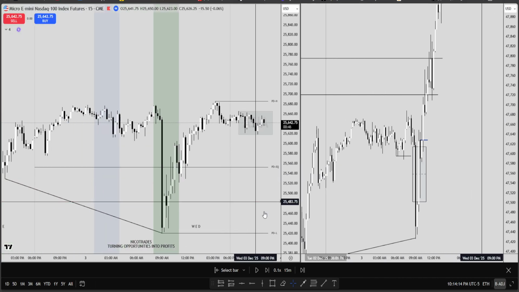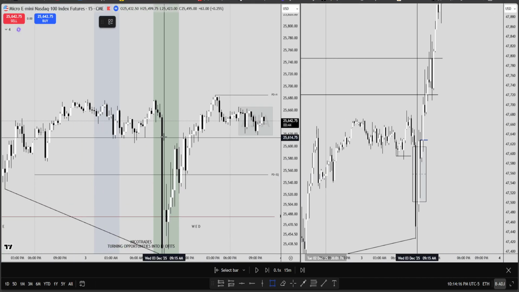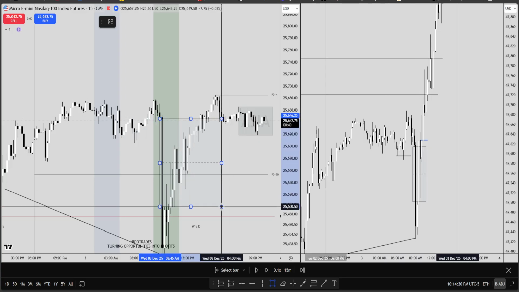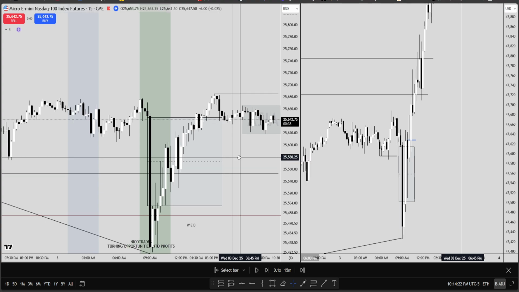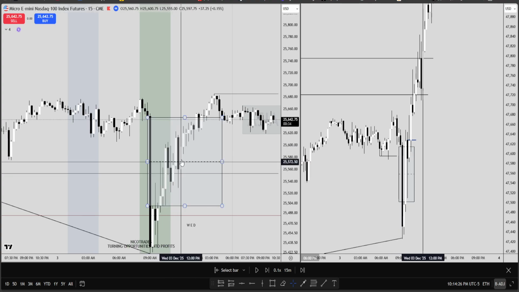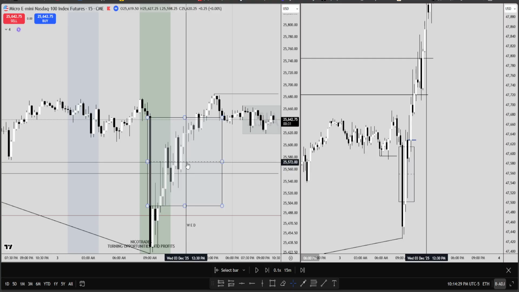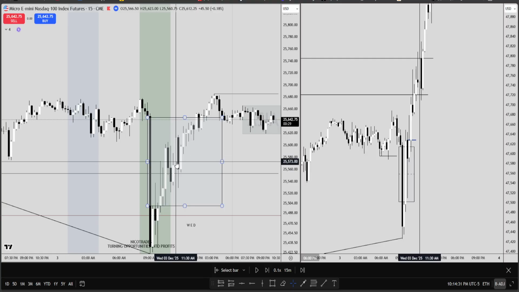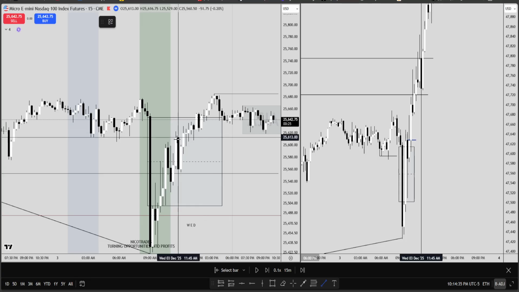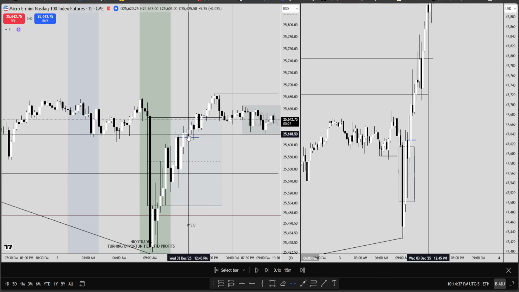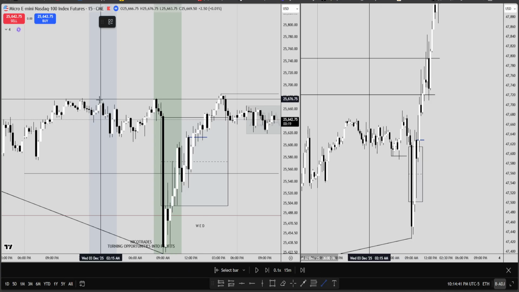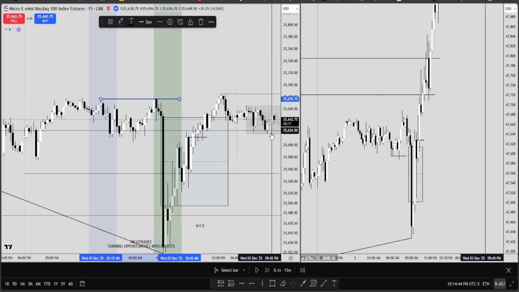compared to NQ. See, NQ was just still within this 15-minute fair value gap, right? I guess it would have been a little more confident with me if we seen it play within respecting the CE of this fair value gap right here. So once maybe we were able to close back above here, this would have been a great idea for a buy, and most likely to target these relative highs right here.